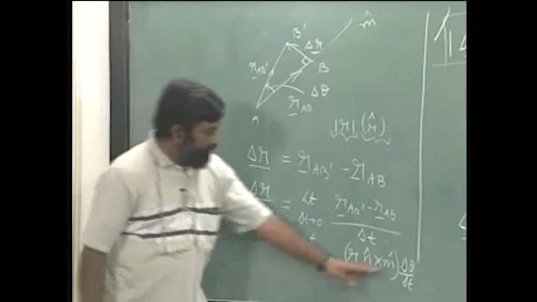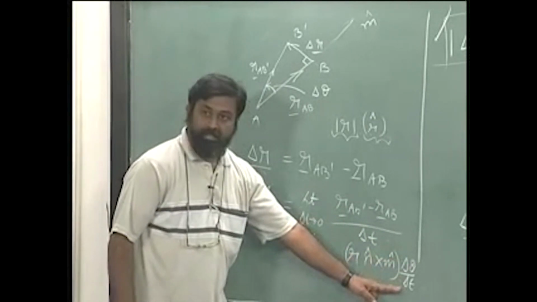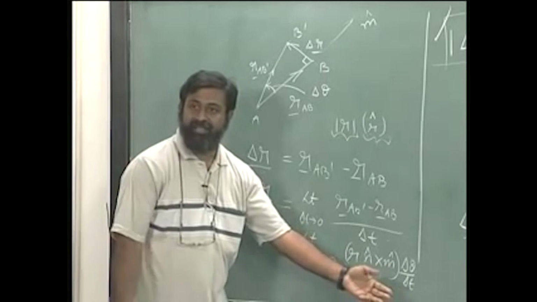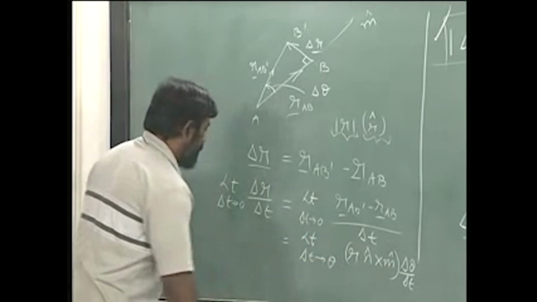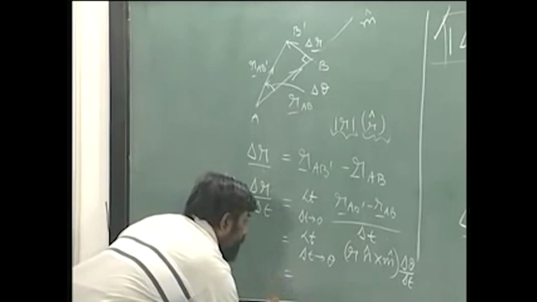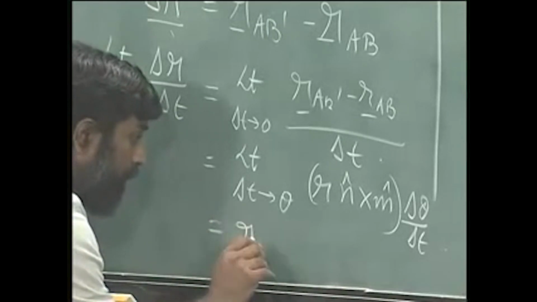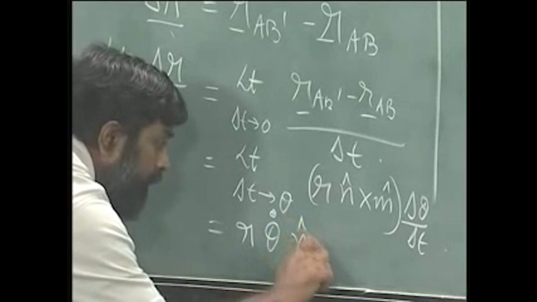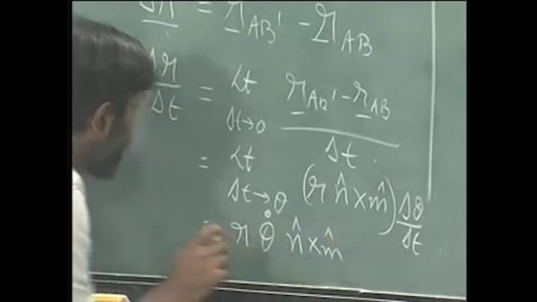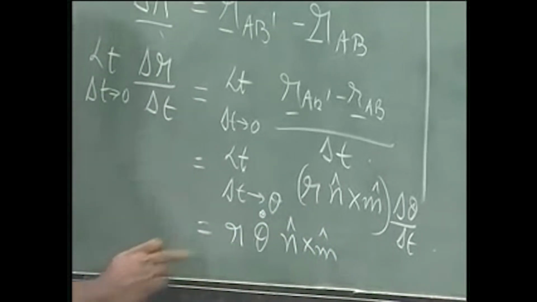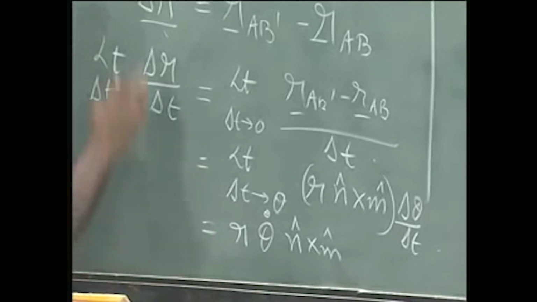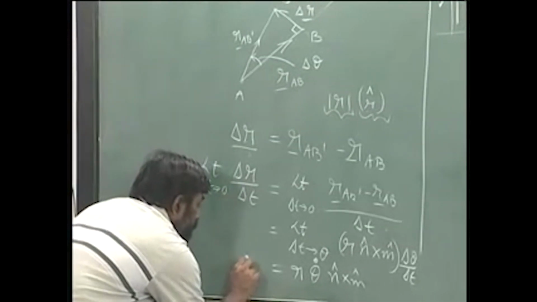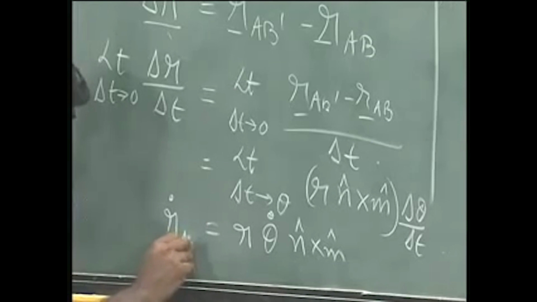Okay. Limit as delta theta by delta t will give me theta dot, and therefore, this will be r theta dot n cross m. Is this clear? Okay, so let me call that r dot of AB.